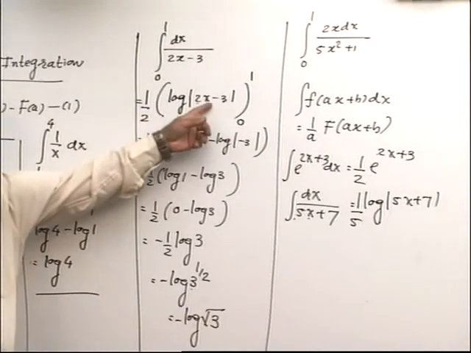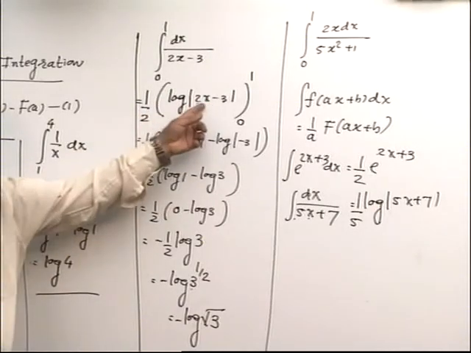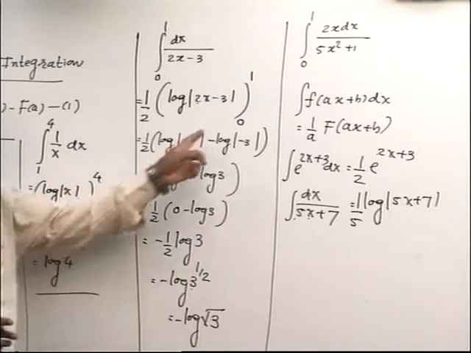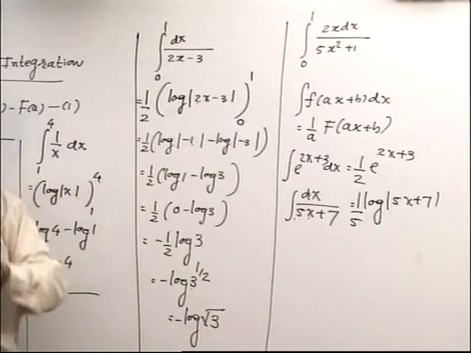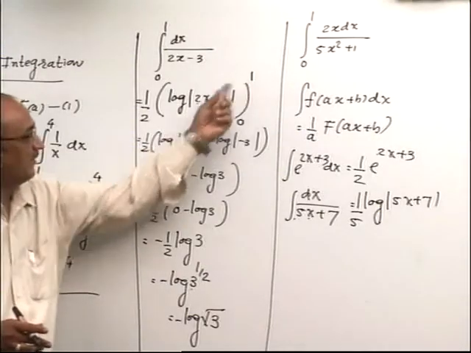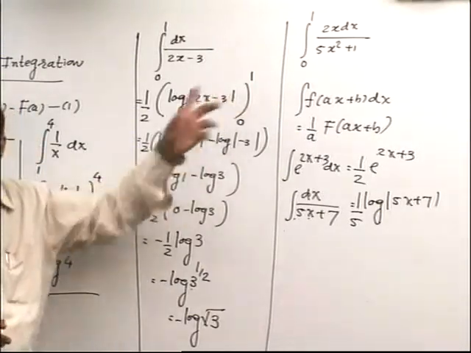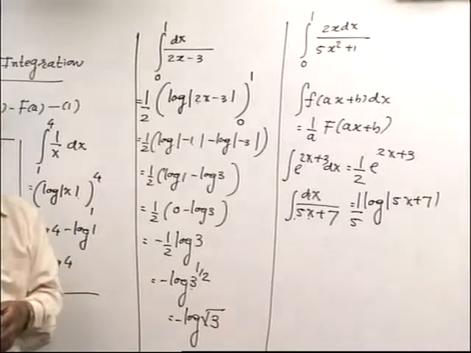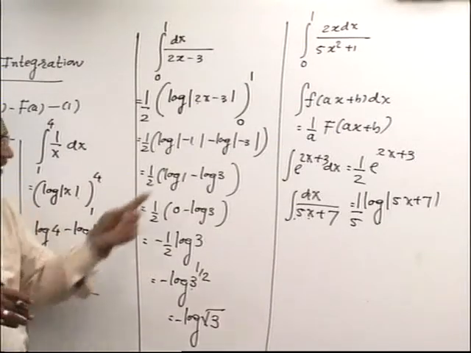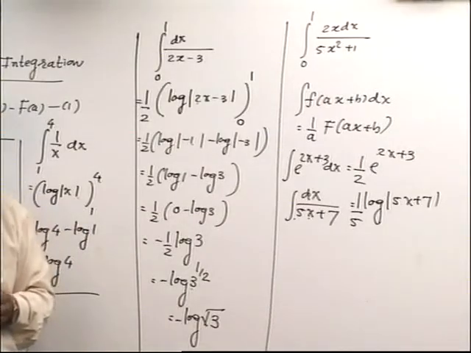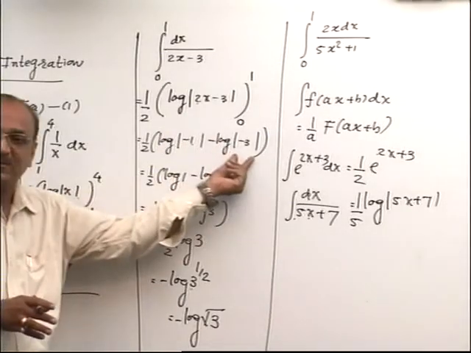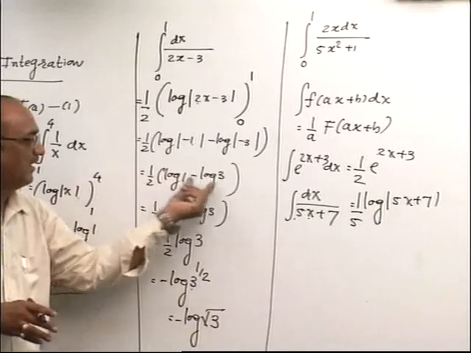Log modulus 2x minus 3 into 1/2, the coefficient of x is 2, and the limit is given 0 to 1. Substitute the upper limit minus the lower limit. Upper limit 1: 2 into 1 is 2 minus 3, which is log of mod minus 1, minus log of, if you put 0 instead of x, 0 minus 3, log of mod minus 3.